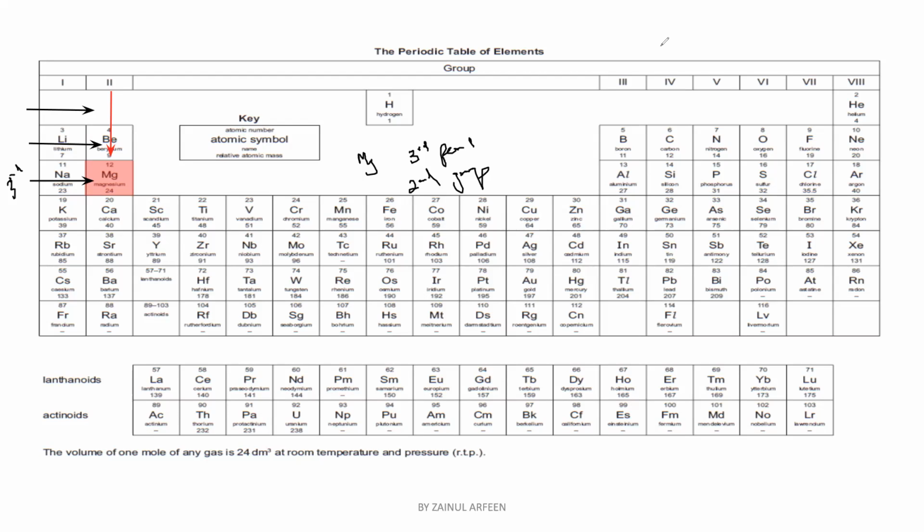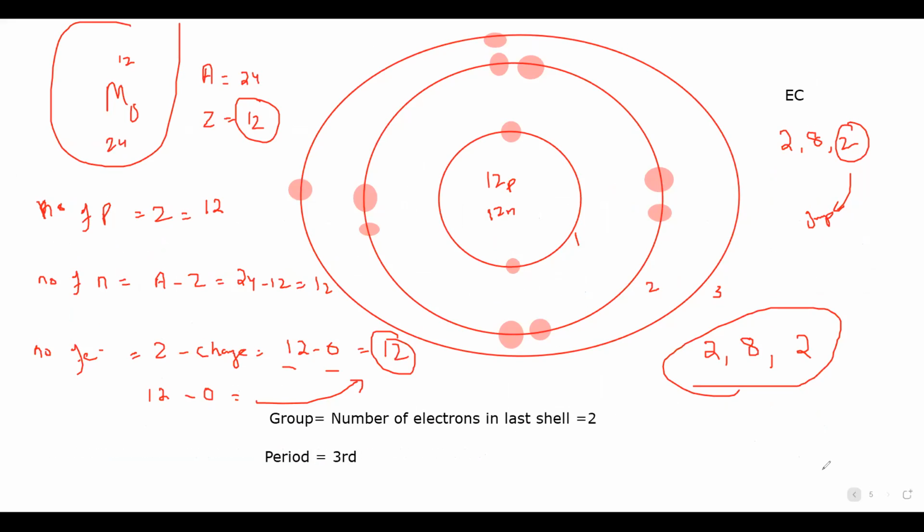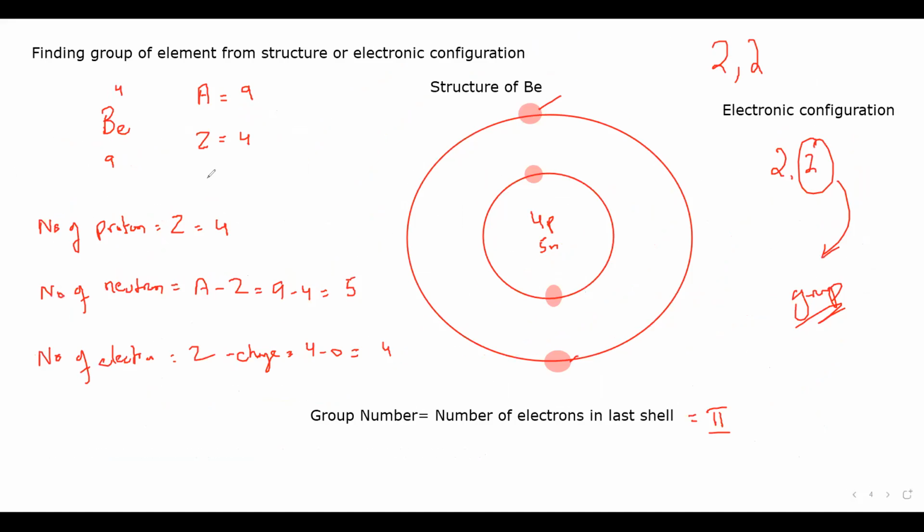In the same way, if you want to work out which period beryllium belongs to, the term period means the total number of shells. So how many shells do we use here? We use 2 shells. This is the first shell and this is the second. So it belongs to the second period.